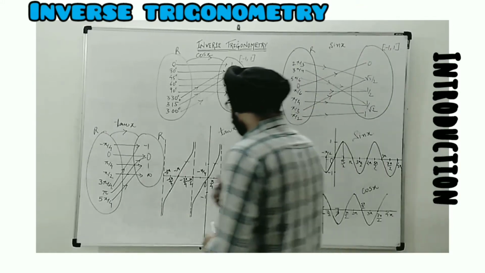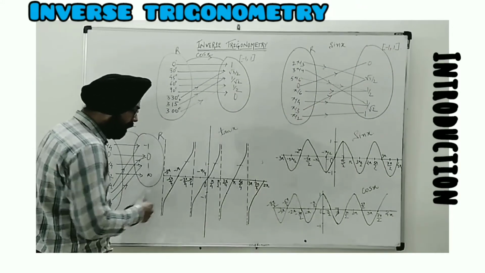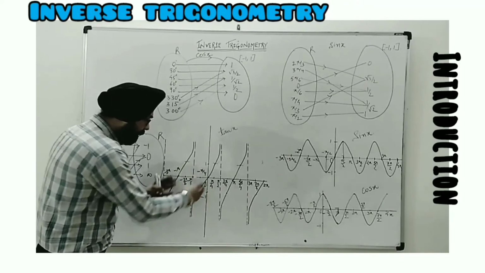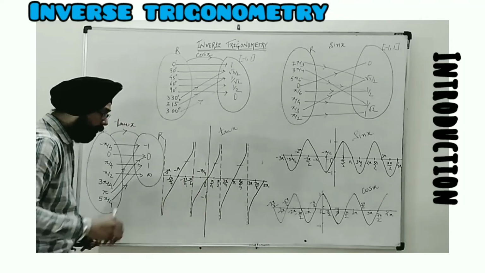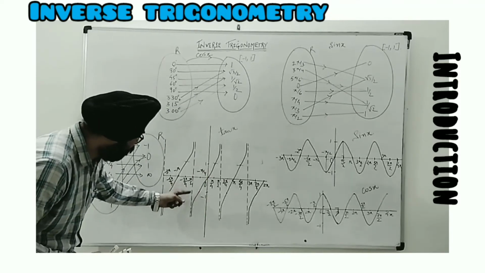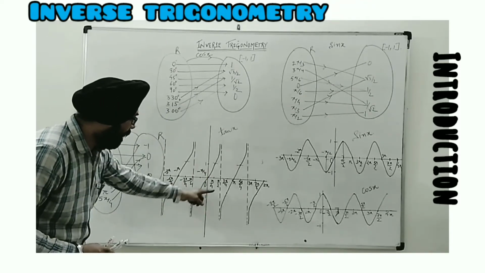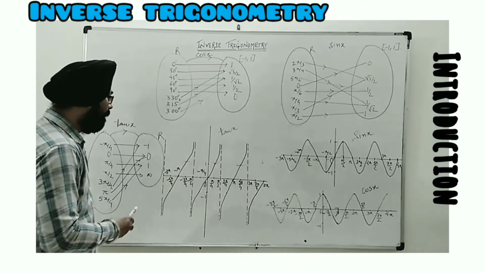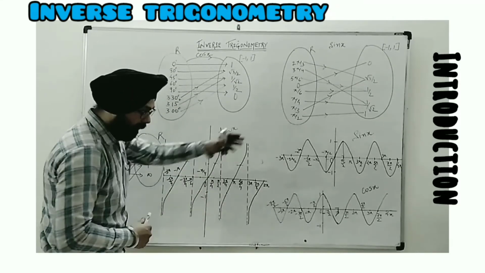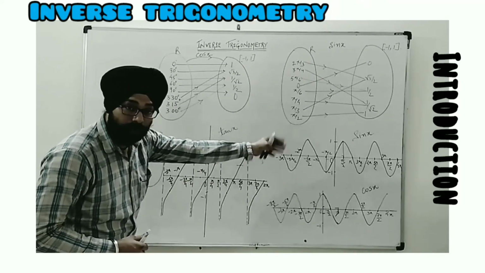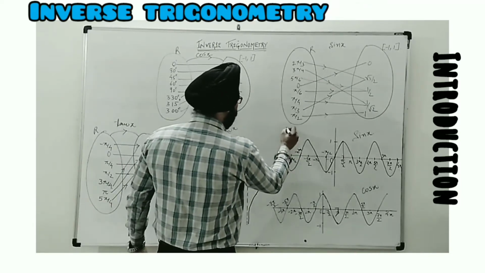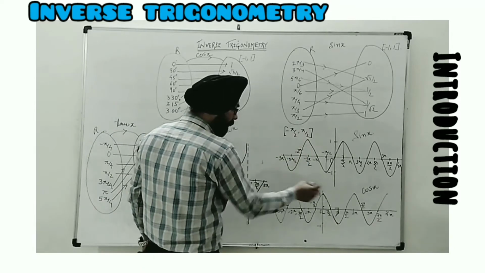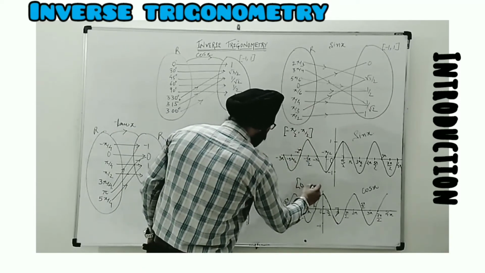For tan, the principal domain can be considered to be minus pi by 2 to pi by 2, but the problem is that at minus pi by 2 it is minus infinity, and at pi by 2 it is also infinity. So we do not consider it like sin x. For sin x we consider a closed interval, minus pi by 2 to pi by 2, as the principal domain. For cos x it was 0 to pi.